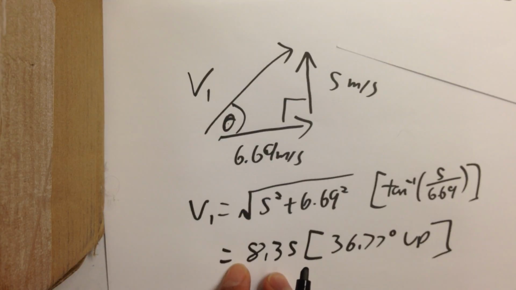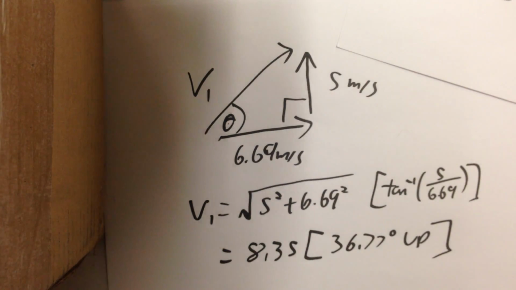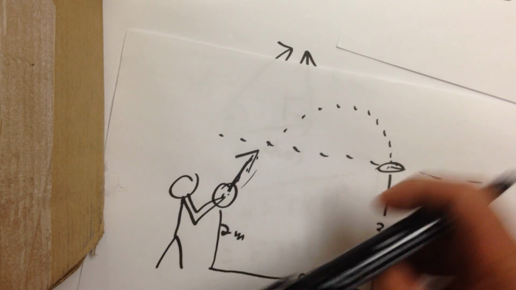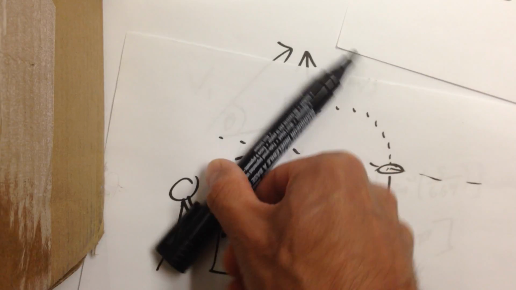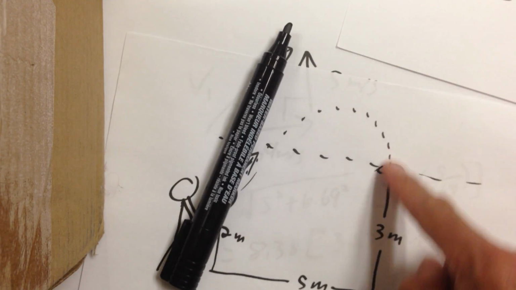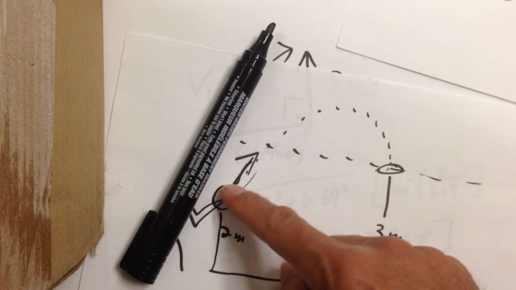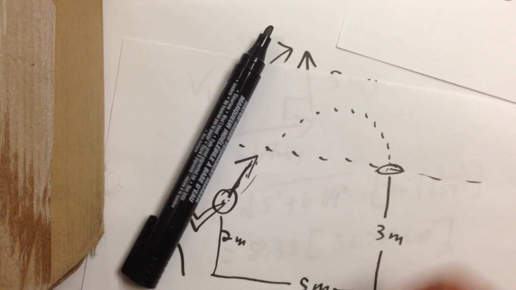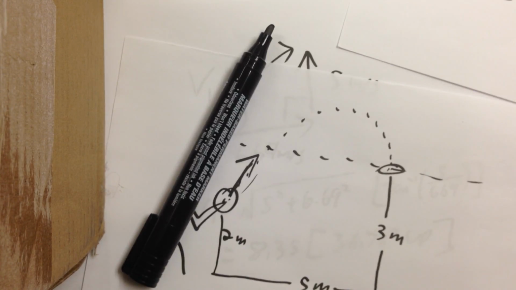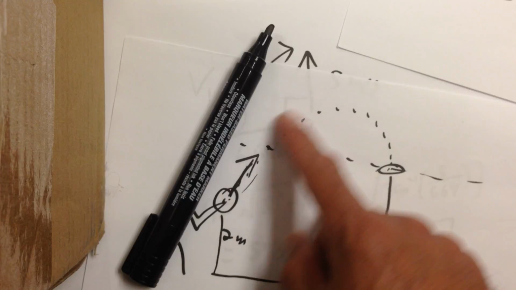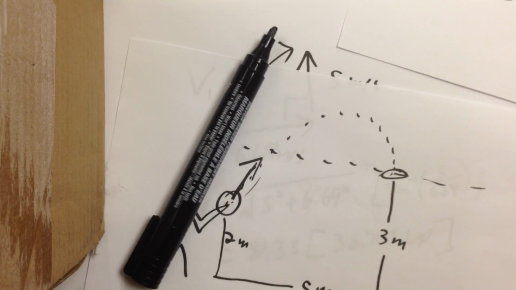Now, given the initial question, this is not the only right answer. This is just a possible correct answer. Because remember, there are many velocities that would get this ball into that hoop. But for each velocity, there's only one angle that would correspond correctly with it. So once you choose your velocity, you have to calculate your angle.